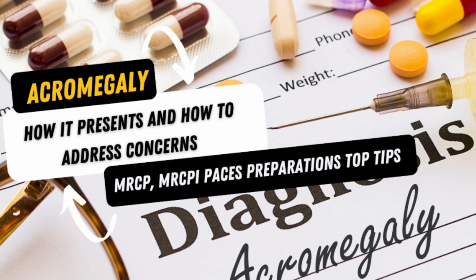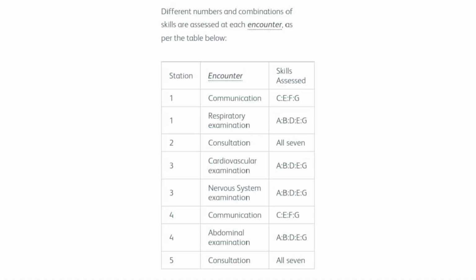I want to highlight today in my short talk the clinical skills that we have to overcome during our clinical consultation station. Actually, all 7 clinical skills are checked in these clinical consultation scenarios.